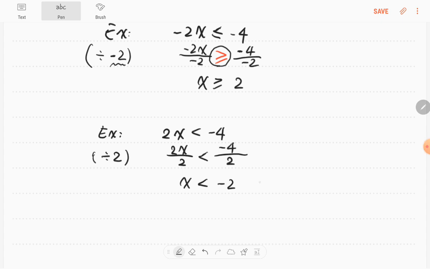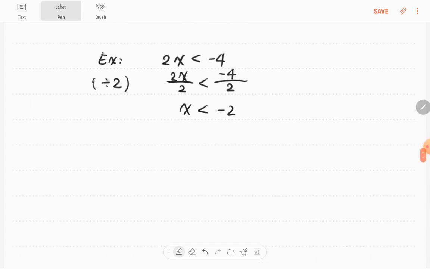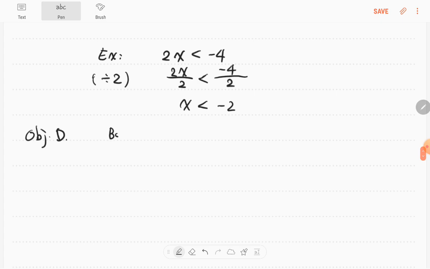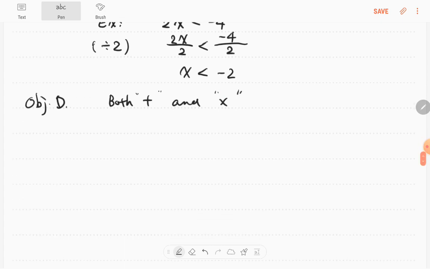Okay, if you want, you also could use the number line to show your answer. So that's objective C. So next one, we will talk about using both addition and multiplication properties to solve the inequality. Okay, let's check the example.